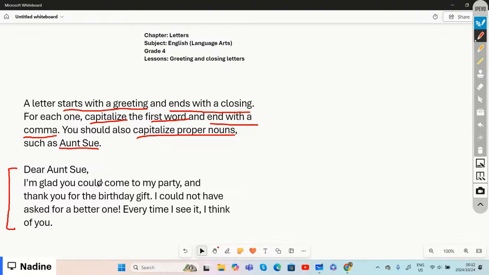And if we look at this example, it says, Dear Aunt Sue. As you can see, it starts with a capital letter D for Dear, capital letter A for Aunt Sue, because our greeting needs to start with a capital letter, but proper nouns also need to be capitalized, like Aunt Sue, Uncle.